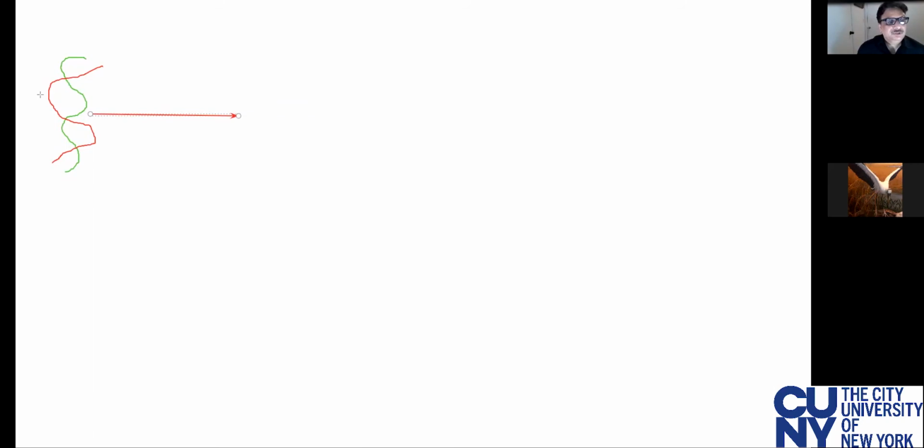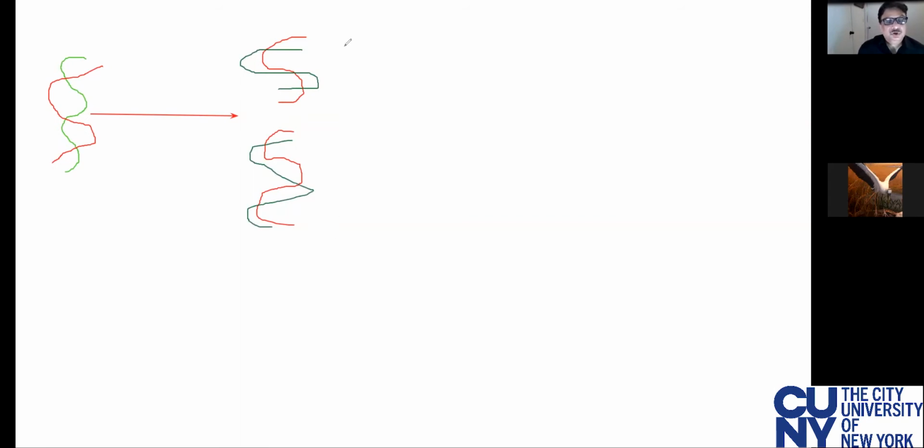So if this DNA is duplicating, it should give rise to two daughter DNA molecules, right? And each daughter DNA molecule should be passed on to each daughter cell.